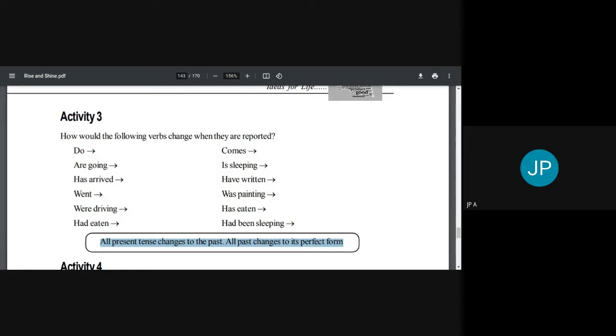The only change that happens is I have added that, and also I became she. Yes, Geoffrey, that's right. Shima said that she had slept. So these are the changes in tense that happen. So how can you identify what are those changes that happen?